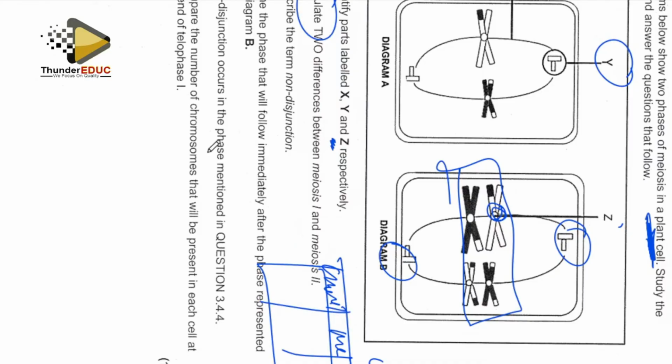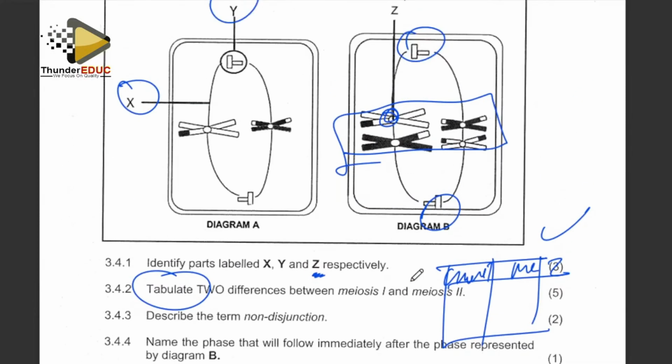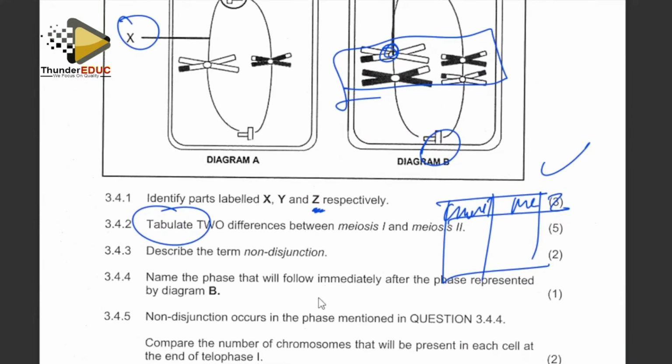So the next phase, which follows B, is anaphase 1.